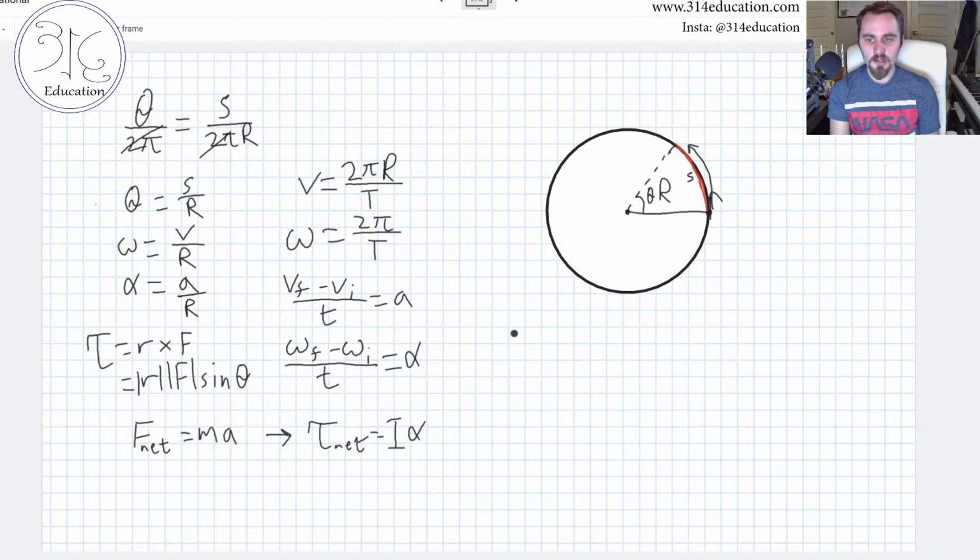And so let's unpack this moment of inertia a little bit here. This quantity is basically the analogue to mass, and I don't want to use an equal sign here because it's not the same thing, but it plays the same role that mass does in these types of equations, which is an inertial property.